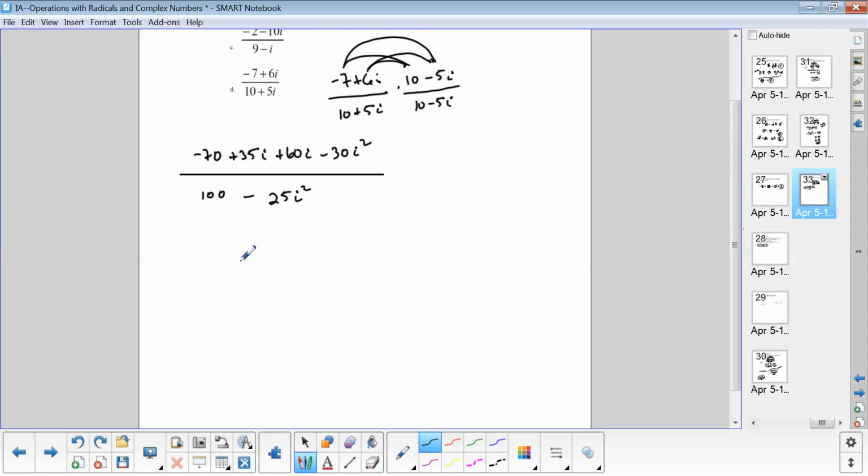So you would get 100 plus 25 in the denominator, and then negative 70, and then this negative 30i squared would be negative times a negative, so that would be a positive 30, so negative 70 plus 30, and then the 35 and 60 would be 95i.